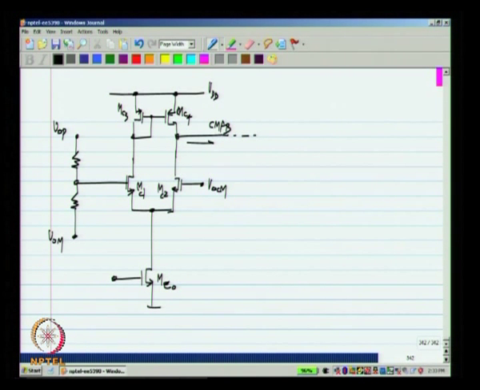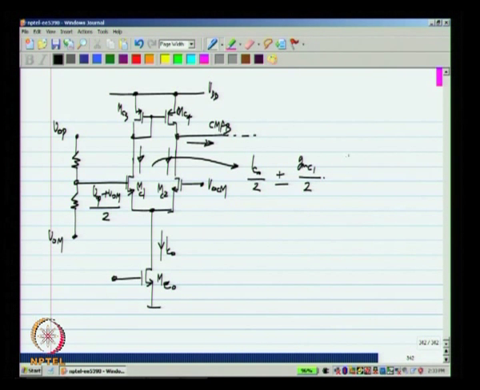Now, the current that gets pushed out of this can be calculated. The voltage at the gate of MC1 is (VOP plus VOM) by 2, okay, and the current here and there, let me call this IC0, it will be IC0 by 2 plus or minus GMC1 by 2 times ((VOP plus VOM) by 2 minus VOCM).